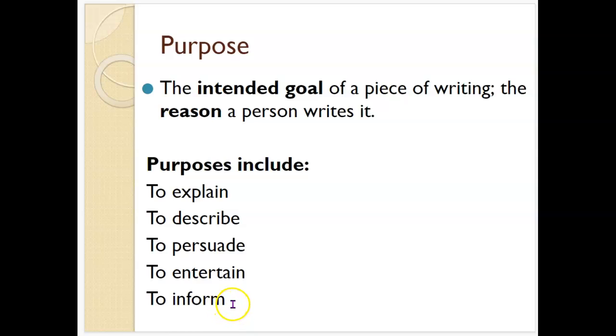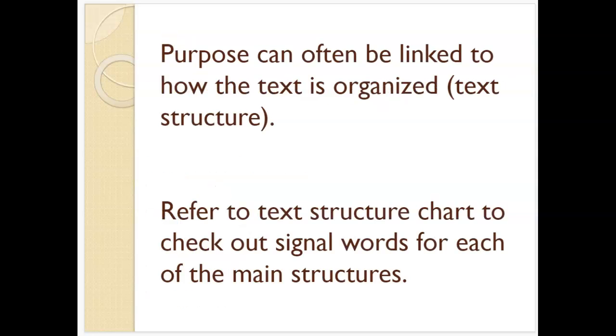If you think of the old PIE, persuade, inform, entertain, that will help you. That's how you would usually find those three purposes, but I added more because you may see more than just that in your practice.